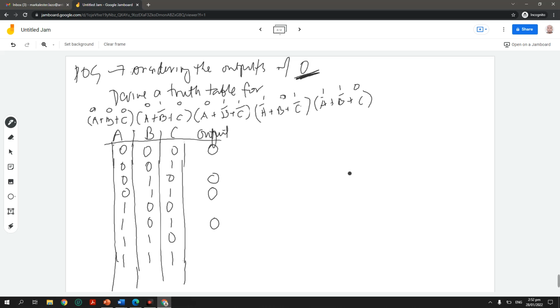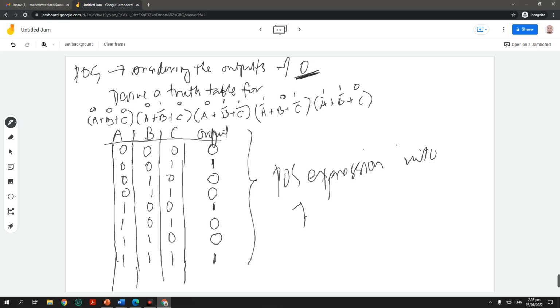And another 0 in 1, 1, 0. This is 0. The rest of the combinations will be 1. So that is how we convert a POS expression into a truth table.